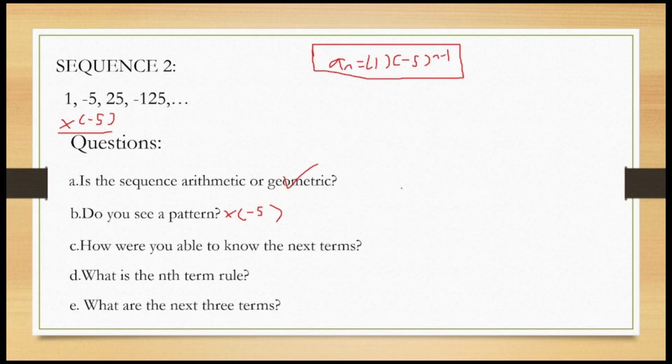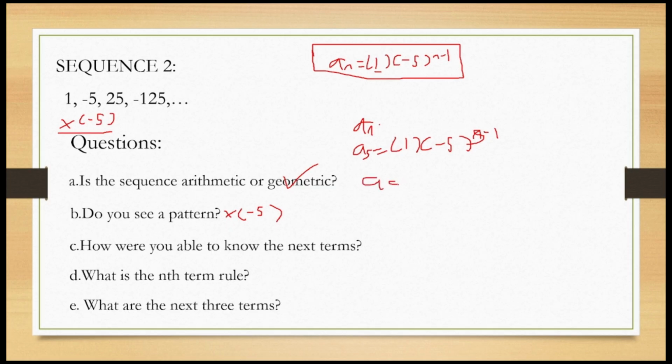What are the next three terms? So let's solve using this nth term rule. Let's substitute n with 5, because the missing terms are the 5th, 6th, and 7th. an equals 1 times negative 5 raised to the power of 5 minus 1.